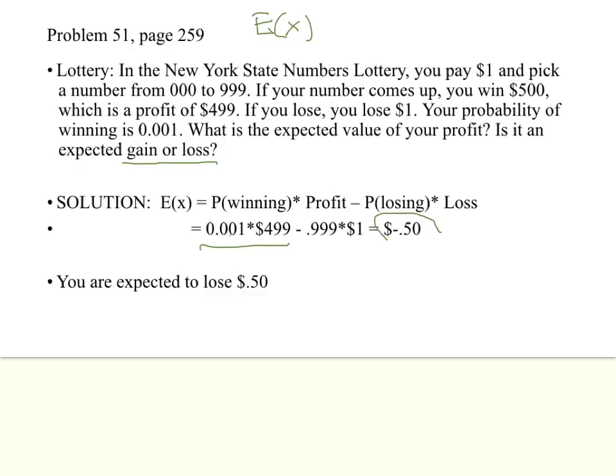It gives us 50 cents loss. So you're expected to lose 50 cents each time you play the lottery. Now, in this particular case, how did you get 0.999? Well, it's 1 minus the probability of winning is the probability of losing, right? 0.999.